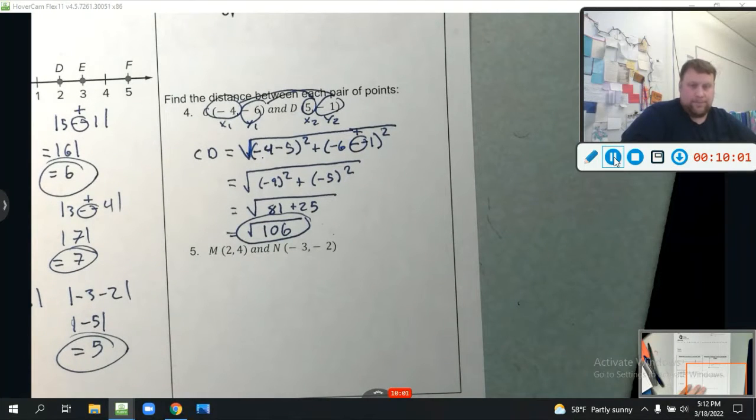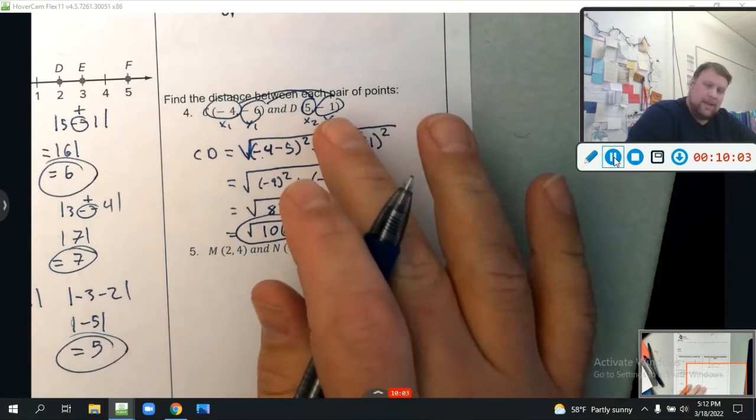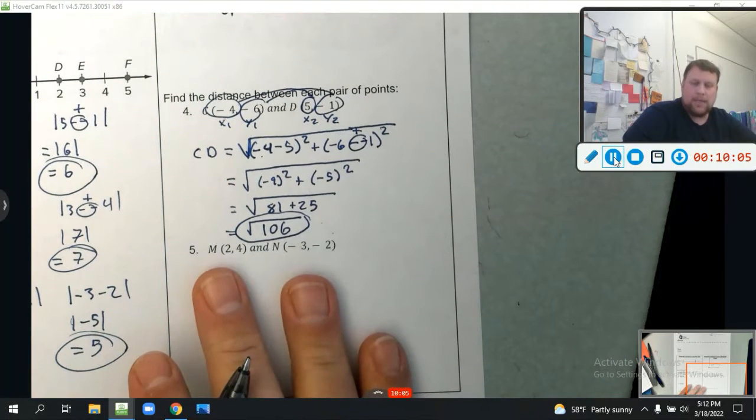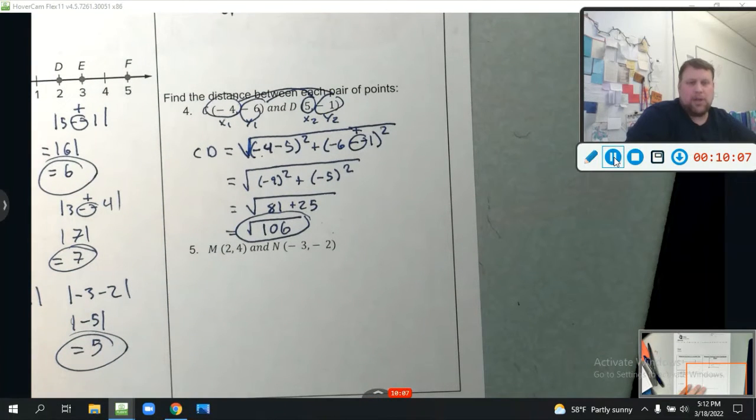So taking this, I want you to take a minute, try to pause it, and see if you can't set this one up. Just plug it right in. Remember, x1 minus x2 squared plus y1 minus y2 squared, or y2 minus y1. It doesn't matter the order. It really doesn't. It'll come out the same. All right, let's do it.